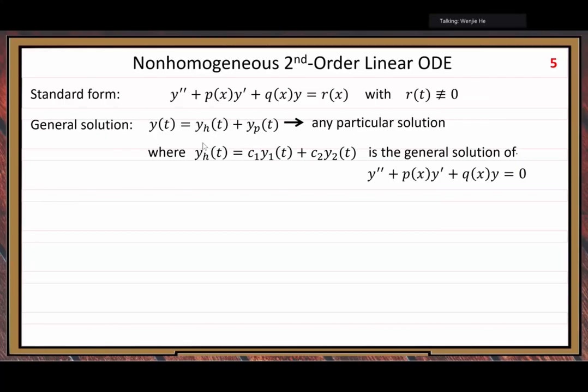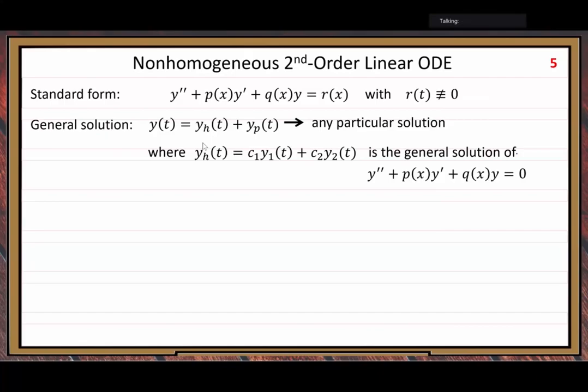The structure. First we consider the structure of the homogeneous part, the YH function. That is the linear combination of two special solutions, but these Y1, Y2 functions should be a basis of the homogeneous solutions.